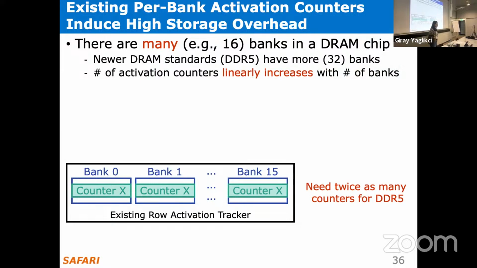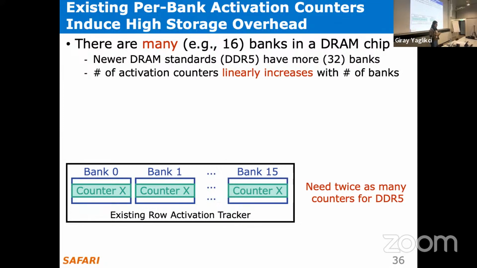To use a single counter across multiple banks, is that as the number of banks is increasing? So here, I was explaining why the area overhead of existing mitigations increases with the increasing number of banks. They calculate the number of counters based on assuming one bank, and when we multiply it to all DRAM banks, it increases a lot.